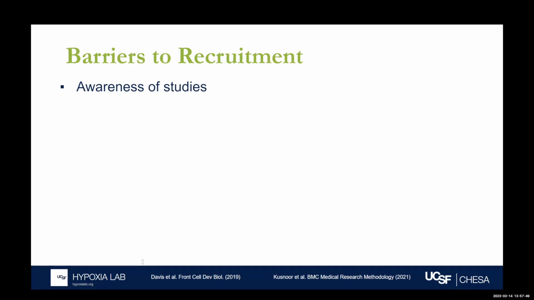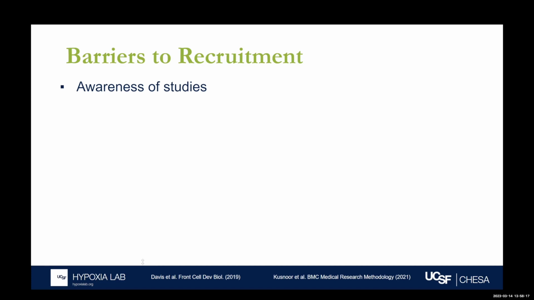But some of the barriers are very easy to understand and maybe less challenging to address. The list that's going to follow is a non-exhaustive list. These issues came up various times in my research, including in studies as recent as 2019 and 2021. And the first of which is awareness of the studies.